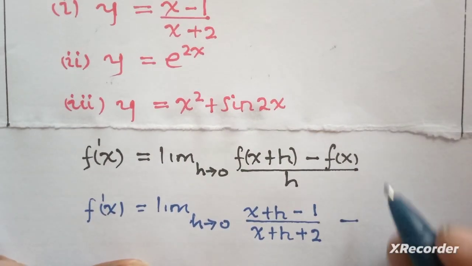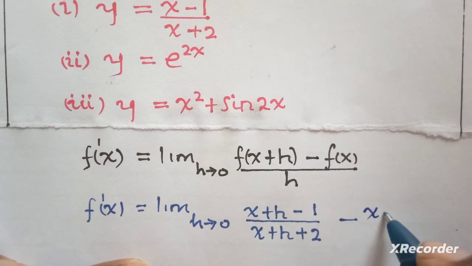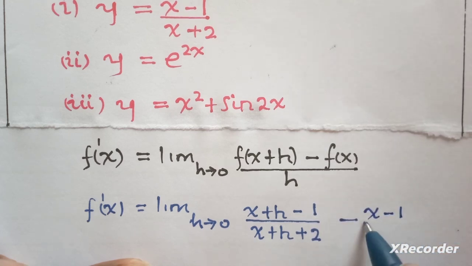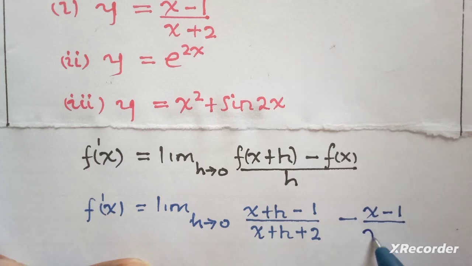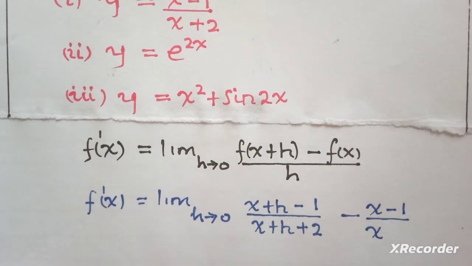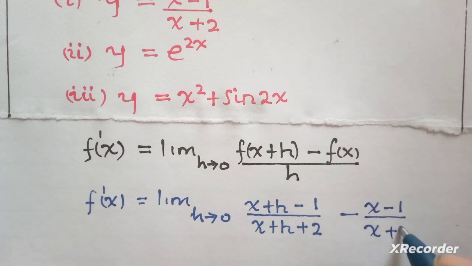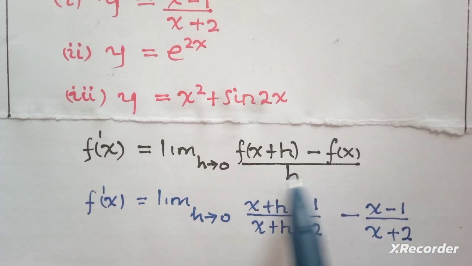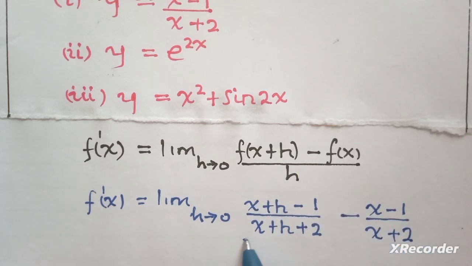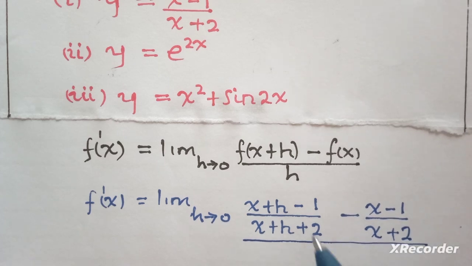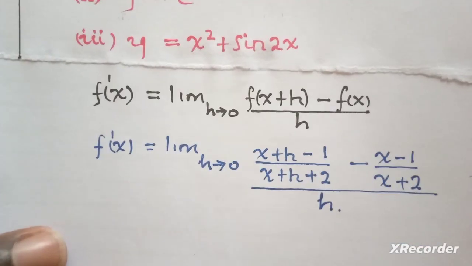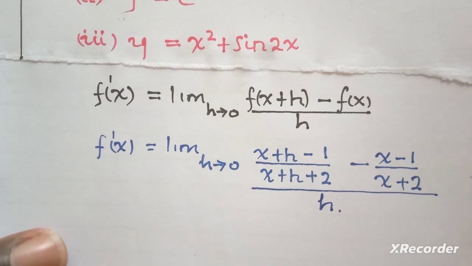So I'll come and write x minus 1 all over x plus 2, like that. And then guys, we have all over h, so I'll put the whole of it all over h. So that's how, guys, I'm going to deal with that question.